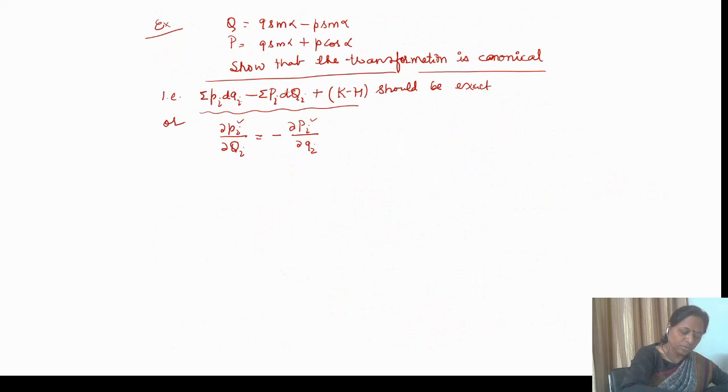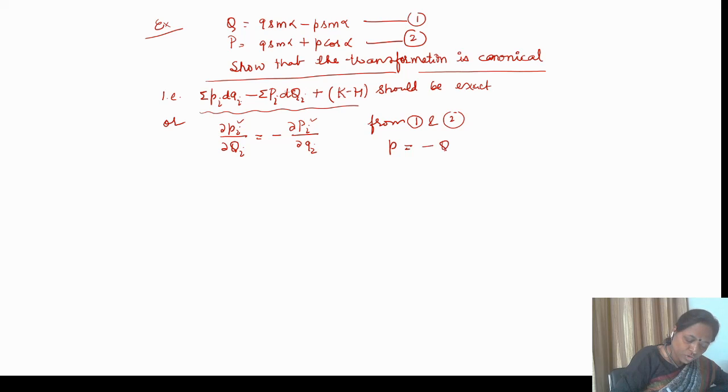Now, look at the question. From equations 1 and 2, I'll solve this for small p, and I'll get small p is equal to minus q plus capital Q cos alpha upon sin alpha, and capital P will be 1 upon sin alpha times q minus capital Q cos alpha.